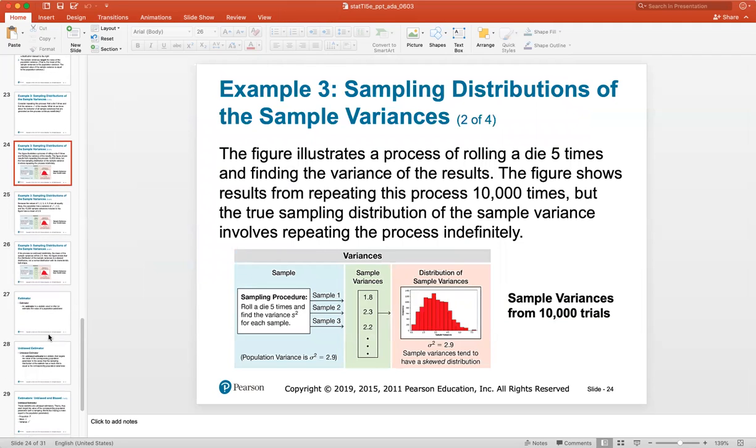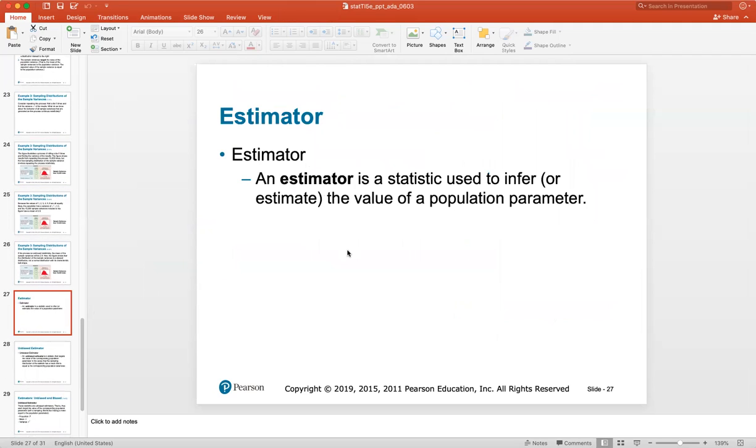Okay, now you see a couple more new terminologies. Estimator. What's an estimator? An estimator is nothing but an approximation in mathematics. An estimator is a statistic used to approximate, or infer, the value of a population parameter.